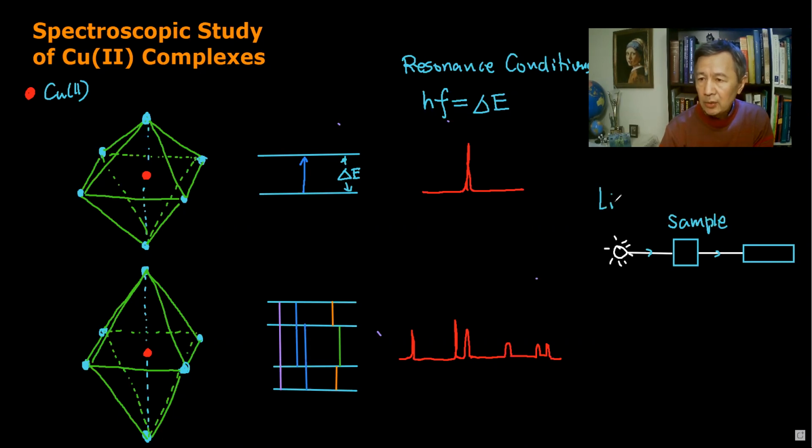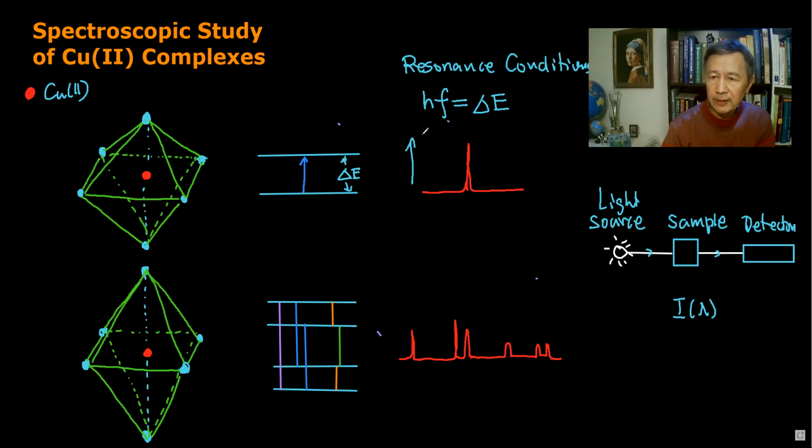This is a light source. This is a detector. The detector is used to measure the intensity as a function of wavelength. So this is the intensity, and this axis is wavelength.